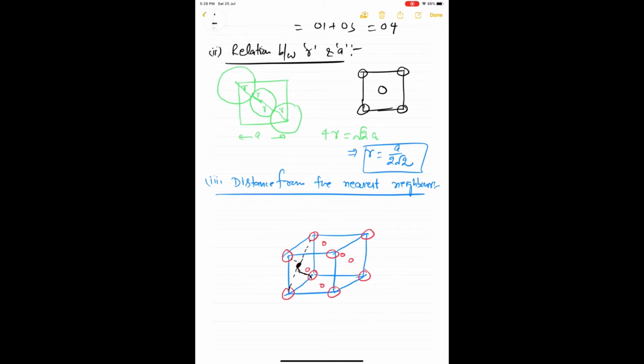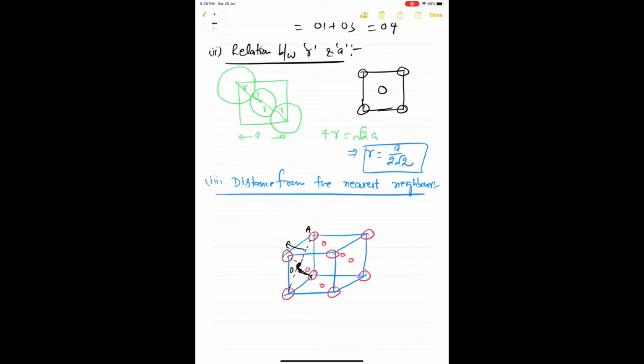Because the diagonal of the square will be root 2 a, and the distance is half of the diagonal. So this is equal to, let me write this atom as O, and let me write this as A.